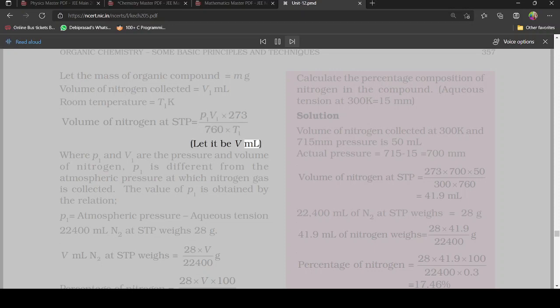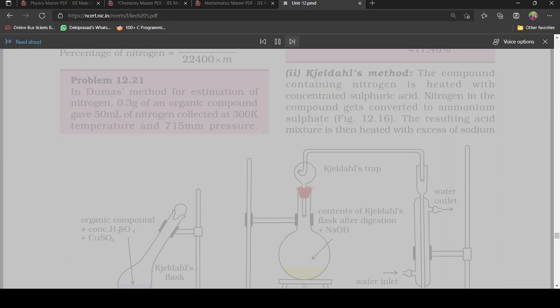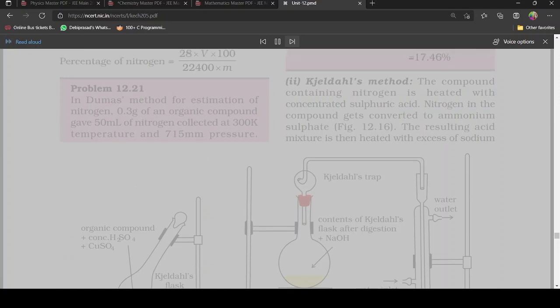Let it be V ml, where P1 is equal to atmospheric pressure minus aqueous tension. 22400 ml N2 at STP weighs 28 g. So 28 g × V / 22400 is the mass of N2 at STP. Percentage of nitrogen is equal to 28 × V × 100 / (22400 × m).